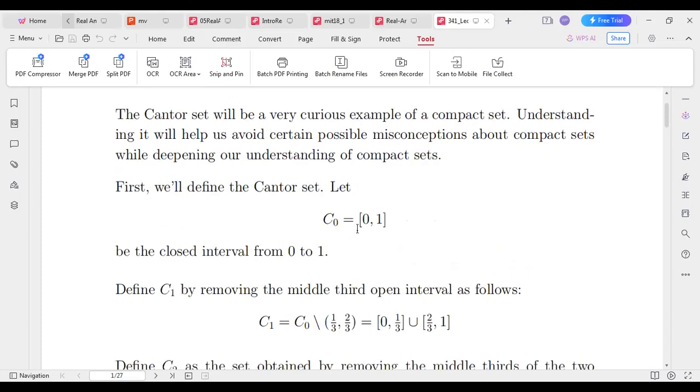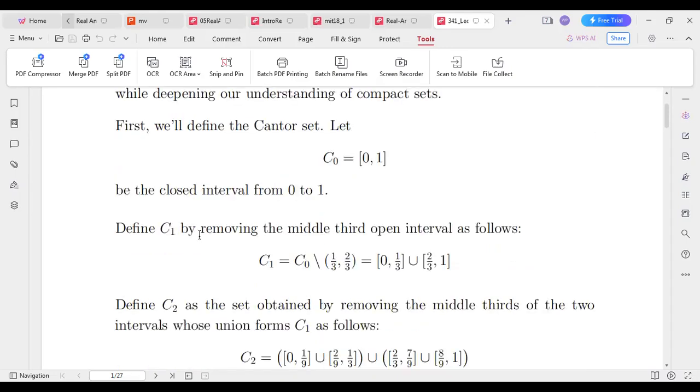First, we will define the Cantor set. Let C naught equal the closed interval [0, 1]. Define C1, another set, by removing the middle third of an interval as follows. C1 is C naught minus the open interval (1/3, 2/3), which lies between 0 and 1.